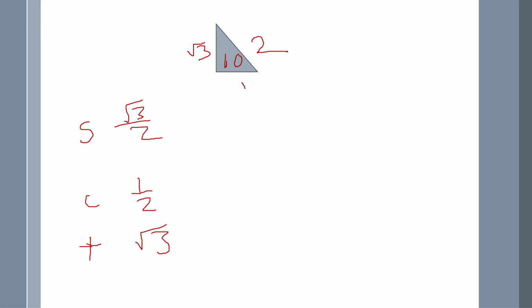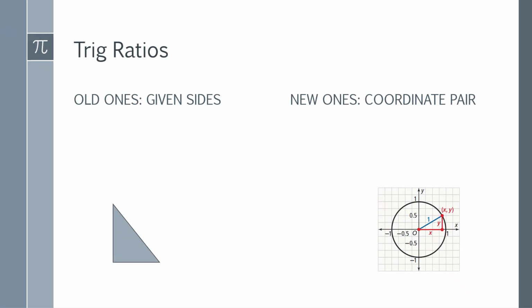So I encourage you to pause this video and just go on and practice those inverse trig ratios. All right. So these are your old trig ratios that you knew before you met Miss Myers. And then the ones that I taught you, given a coordinate pair.